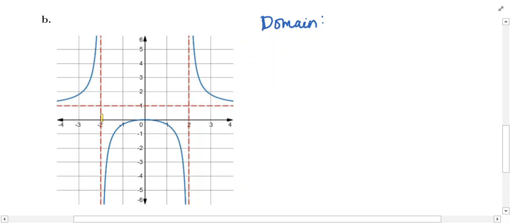You can see that there is a vertical asymptote going through x equals -2. There's also one going through x equals 2. I'm highlighting those. If you travel along these dotted lines, if I'm at x equals -2, this is an x value that has no output.